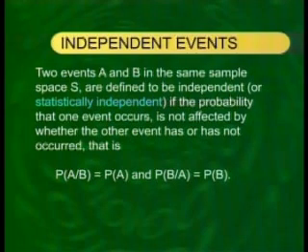In other words, if probability of A given B is equal to probability of A and probability of B given A is equal to probability of B, then we say that the events A and B are statistically independent.